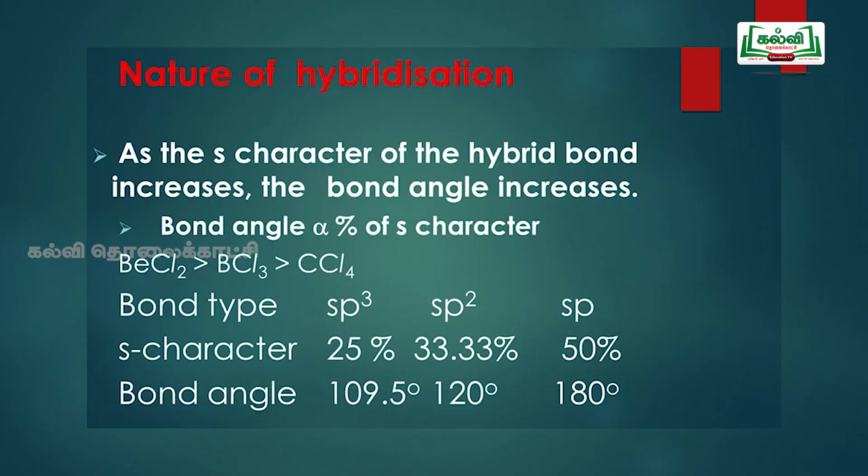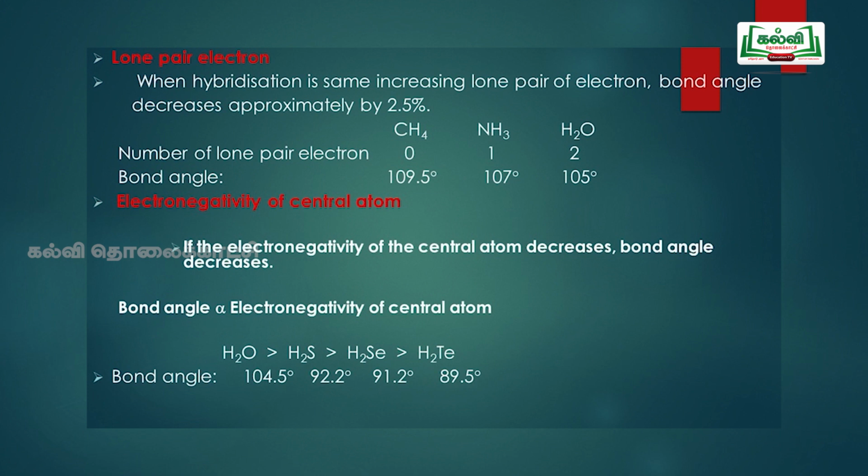CCl4 has sp3 hybridization, S character is only 25%, that is why lesser bond angle. So, as S character increases, bond angle also increases. Look at the order: BeCl2 has more bond angle than BCl3, boron trichloride, which has more bond angle than CCl4.